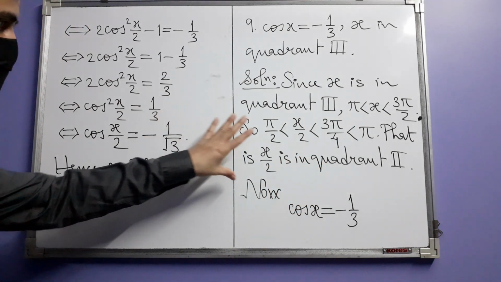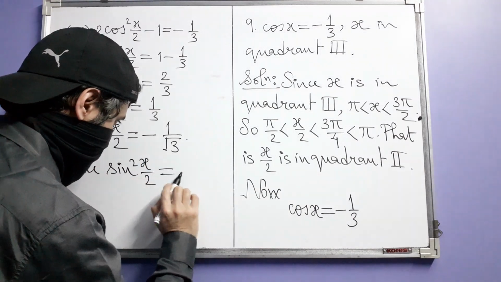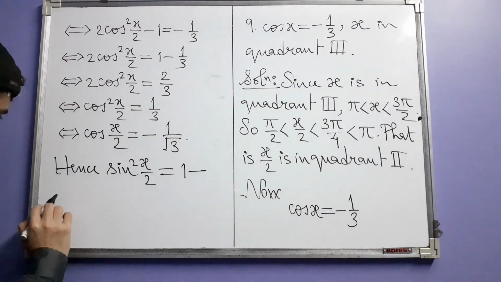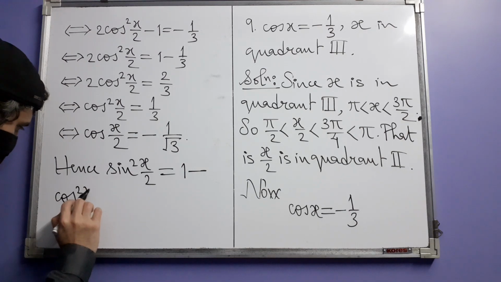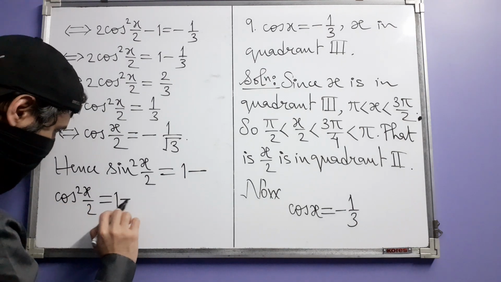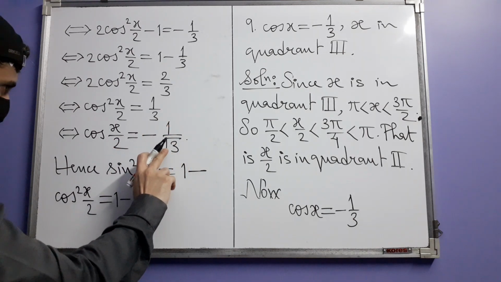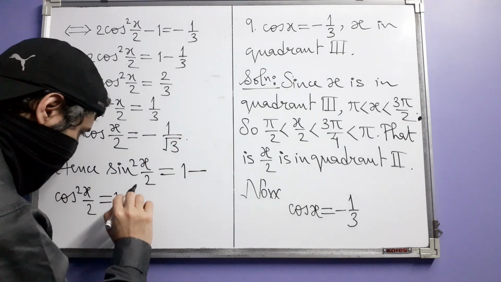But I leave those small matters to you. 1 minus cos square x over 2. So if you now square this, minus will vanish, square root will be also gone.